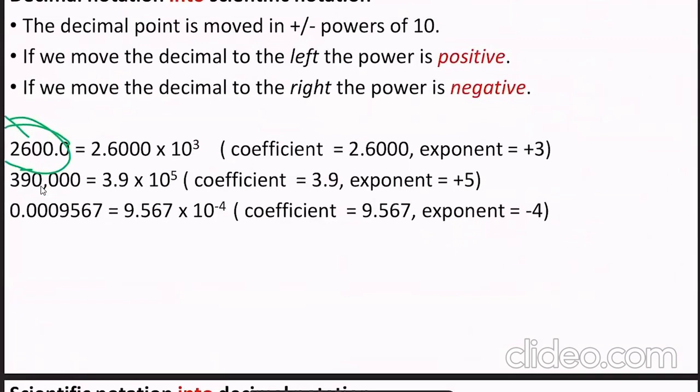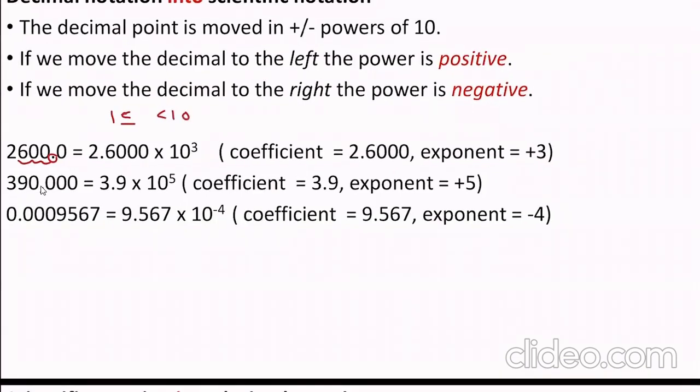We get those values by the number of times that we move the decimal. Here's my decimal. I'm going to move it 1, 2, 3 times. The first thing I need to do is get a coefficient that is greater than or equal to 1 and also less than 10.